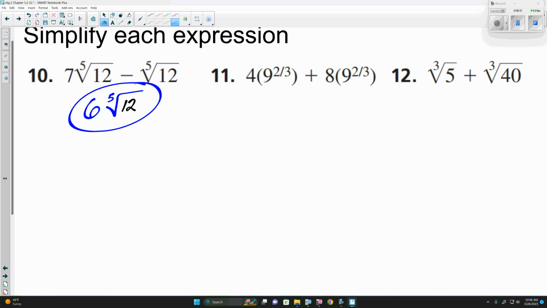Because the fifth root of 12 is as simplified as it gets, because there's not going to be a factor of 12 that would be a number to the fifth power. And we can just subtract because we do have those both the same. Here we have 7, here we have 1. 7 minus 1 is 6 times the fifth root of 12.